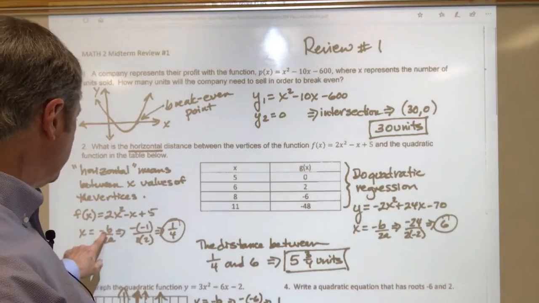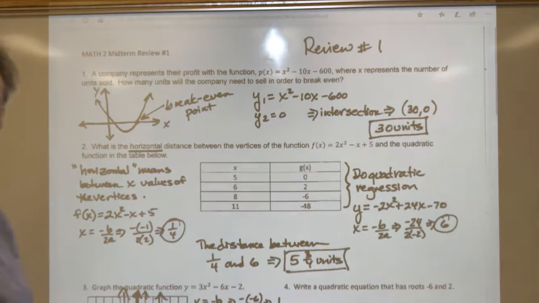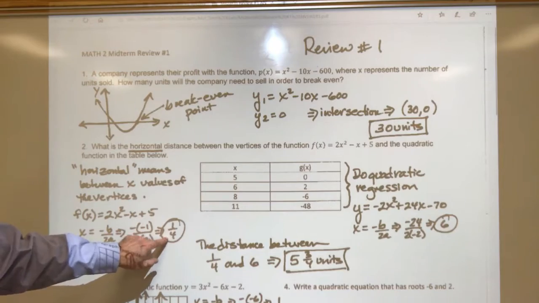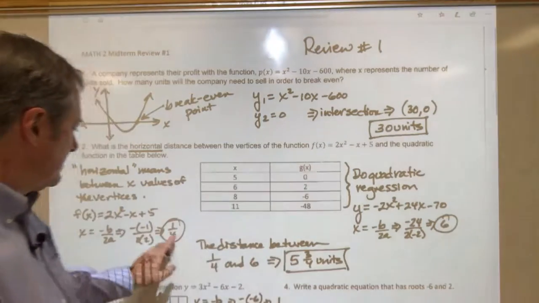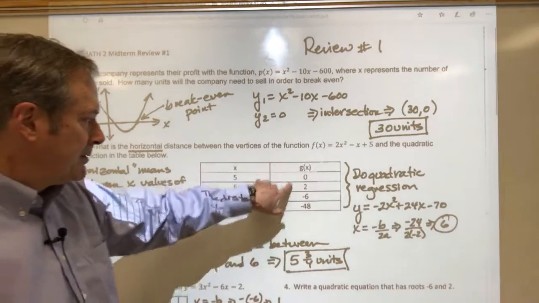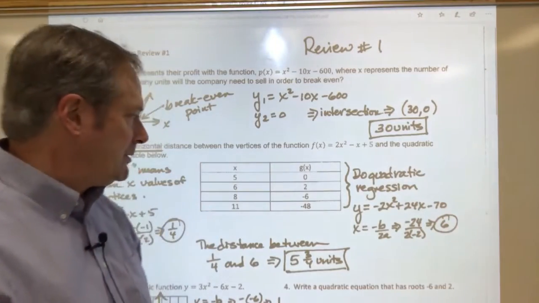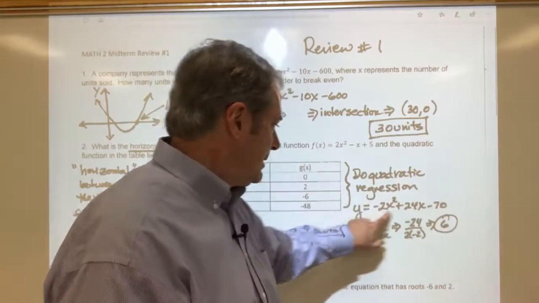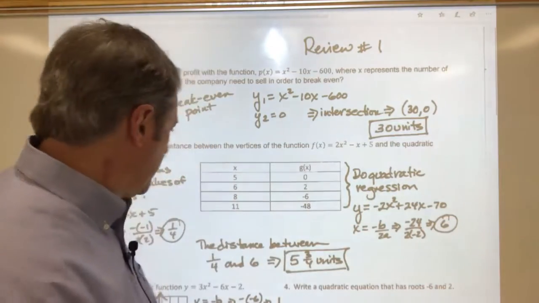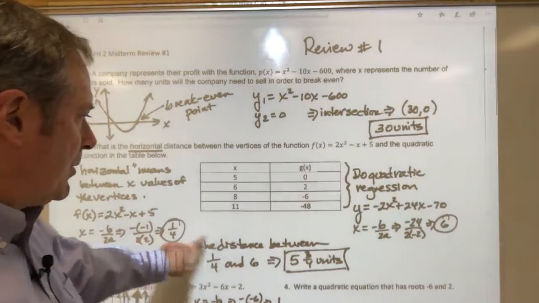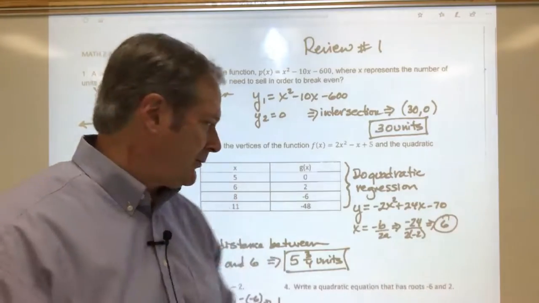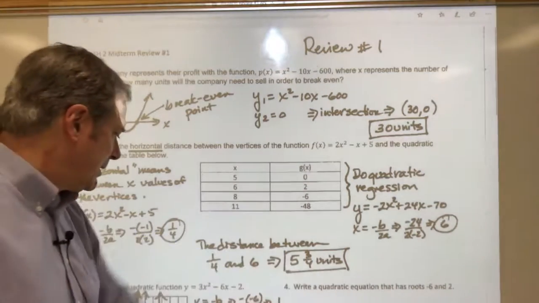All you've got to do is the negative b over 2a and plug it in, and you get that the x value of this particular equation, the vertex, is at 1/4. Now you have to do a quadratic regression over here, and when you do, you come up with that equation again. Negative b over 2a will give you the x value. And so if this one is at 1/4 and this one is at 6, how far is it from 1/4 to 6? It would be 5 3/4 units.